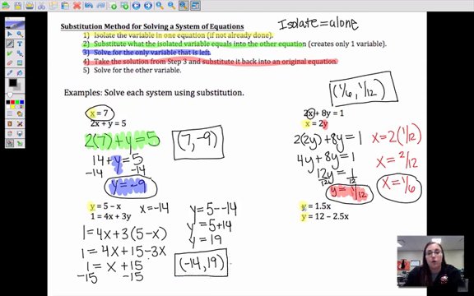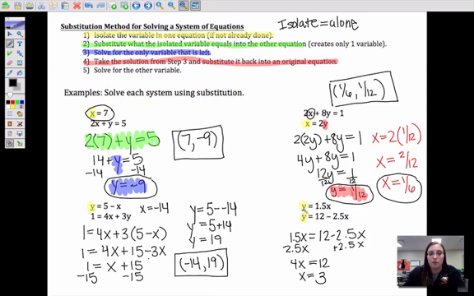All right, one more. Y equals 1.5x. So I'm going to take that and put it in place of the y. So in this case, I'm going to have an x on this side and an x on this side. So I'm going to add 2.5x. So I'll get 4x equals 12, which means x equals 3.